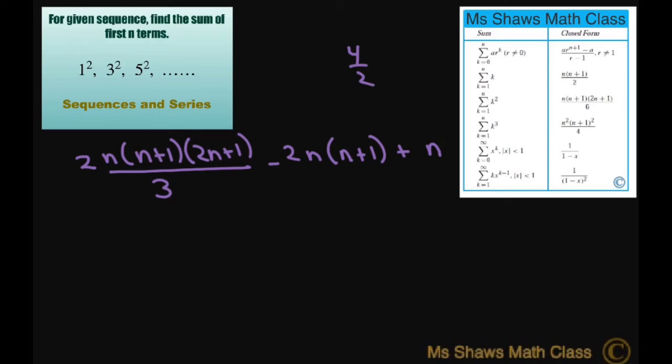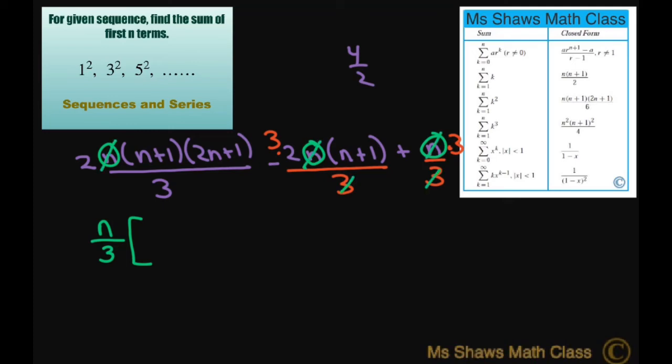My common denominator is going to be 3, so if I put a 3 here and a 3 here, I have to multiply this by 3, I have to multiply this one by 3. So now they all have this n here, so I'm going to factor out an n and also this denominator. So let's just factor out n divided by 3 for now. We'll fix that later. So now that they're factored out, we don't have to deal with these 3's.